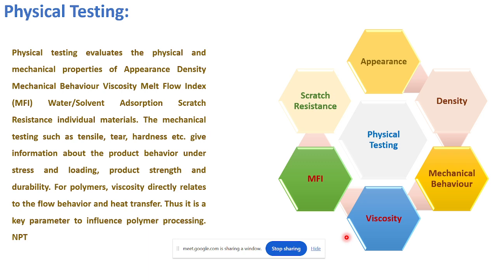For example, for processing of a conveyor belt or processing of tire material, if the viscosity is too high, the Mooney value will be higher, and it will be very difficult to process through the calender.